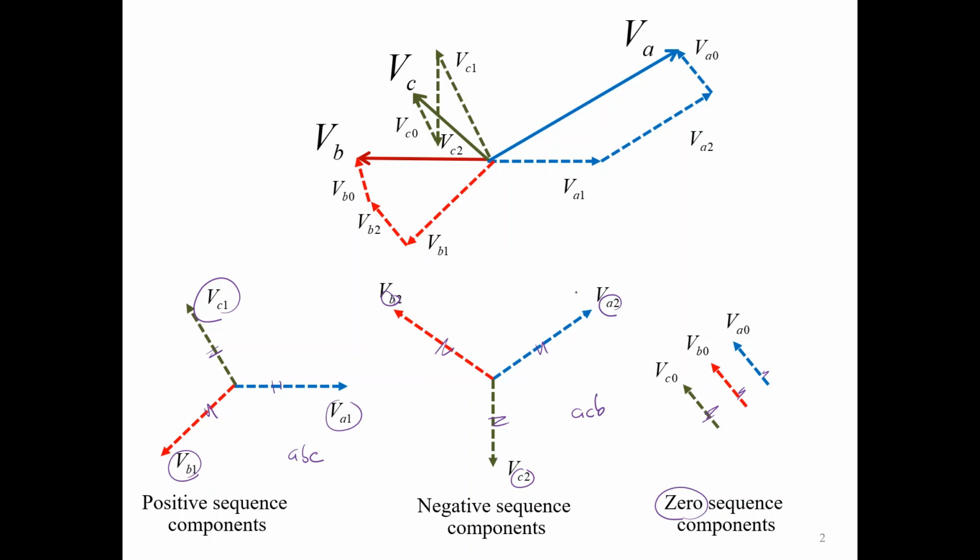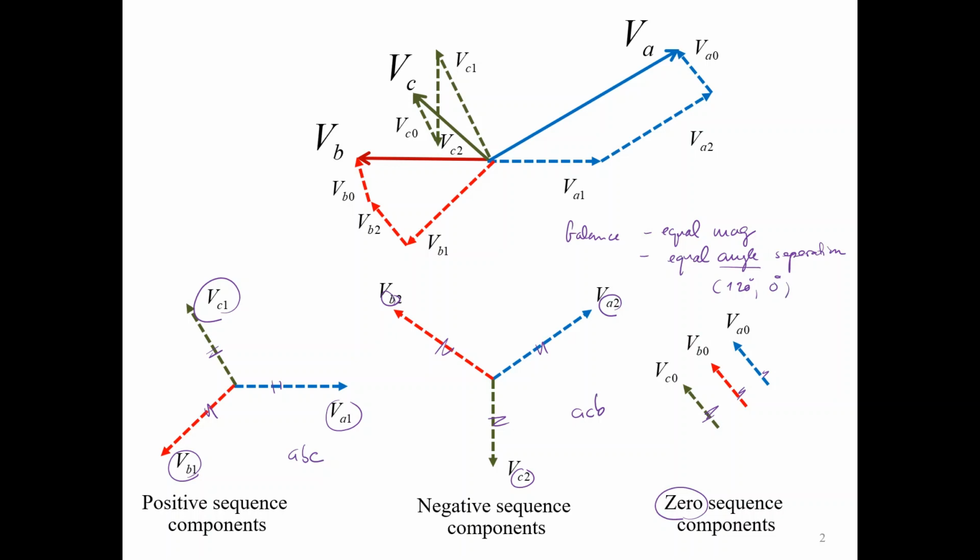So the concept of balance means equal magnitude for the phasors and equal angle separation. Either this angle separation can be 120 or 0.